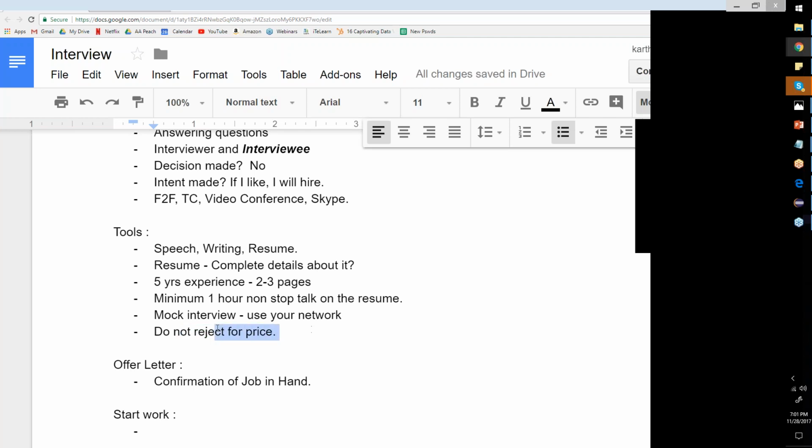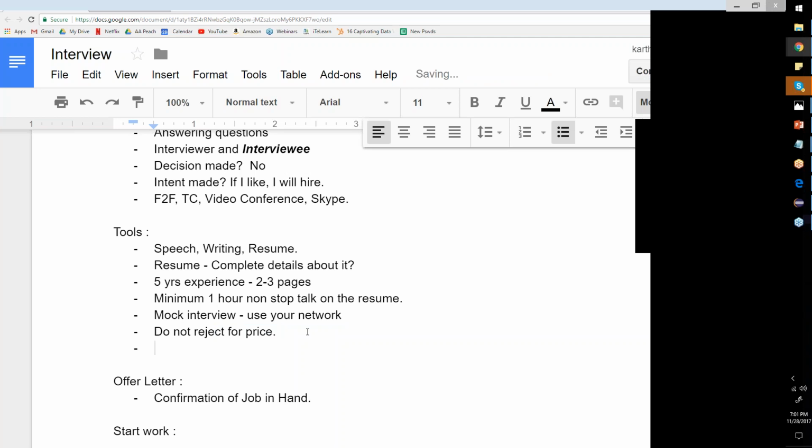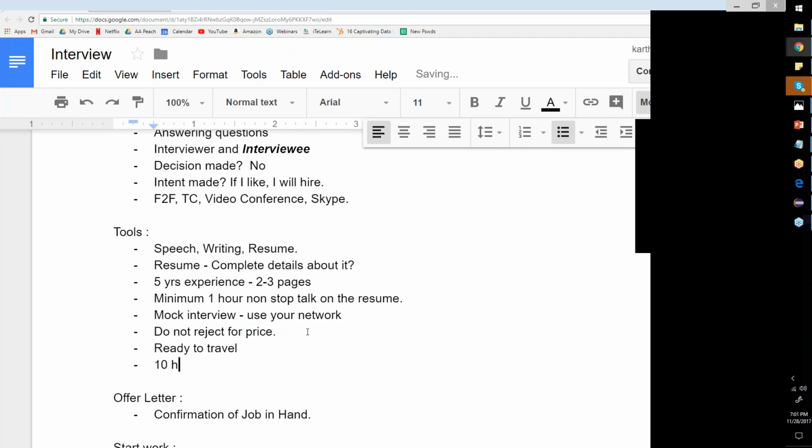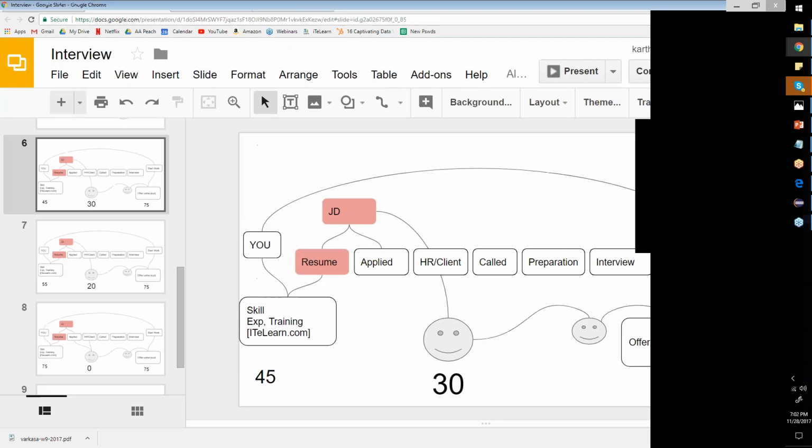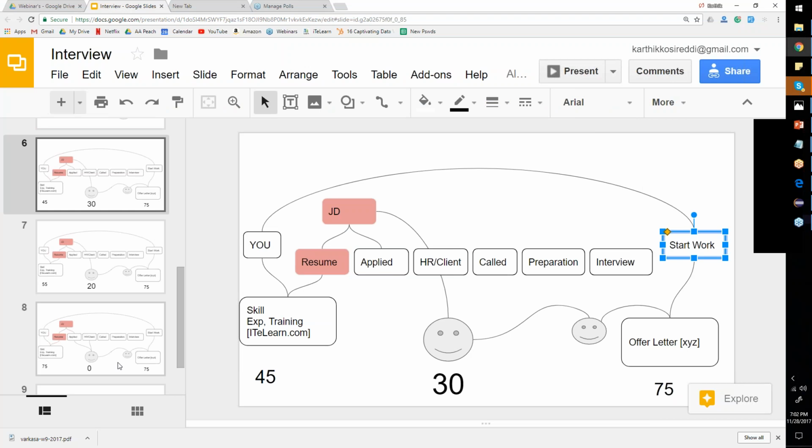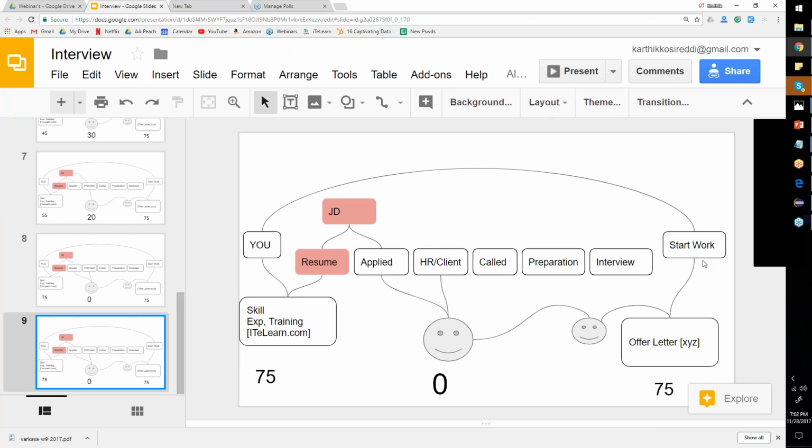Do not be choosy at the beginning. You have to be ready to travel. You have to be away for 10 hours of solid work. All right, so everything is gonna happen, team. Let us assume for a minute how you feel. You're here.